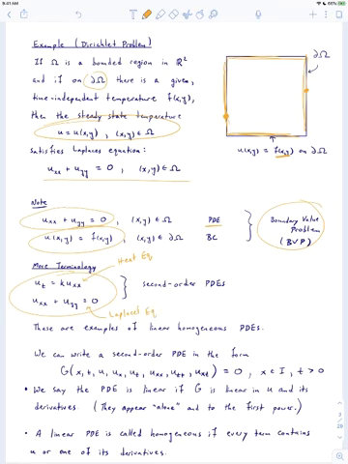So these two equations are second order partial differential equations. They're second order because the highest derivative has order 2 in each case. The order of a partial differential equation is the same as the order of the highest derivative in the differential equation. These are also examples of what we call linear homogeneous partial differential equations.